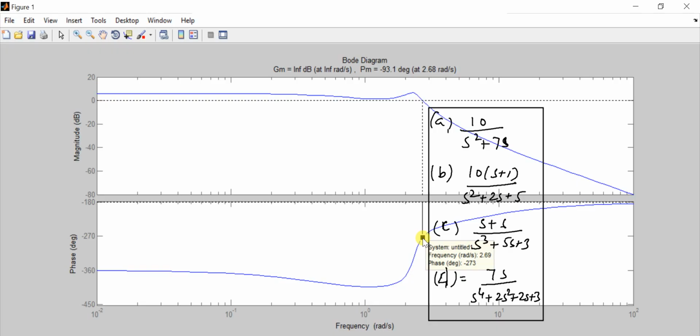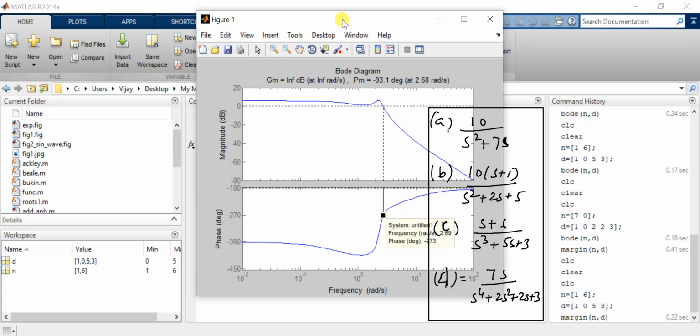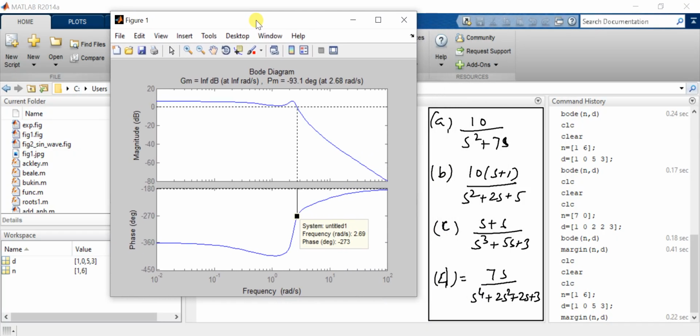So I hope this margin is clear to you. The margin concept is that we have to find the different parameters of a Bode plot, that is gain margin, phase margin, gain crossover frequency, and phase crossover frequency.